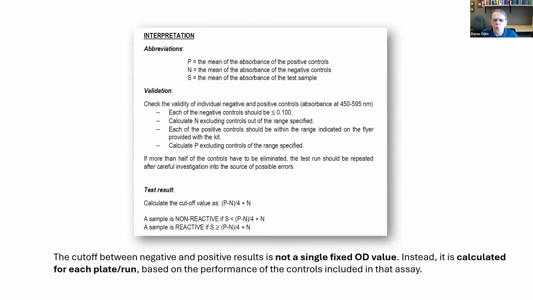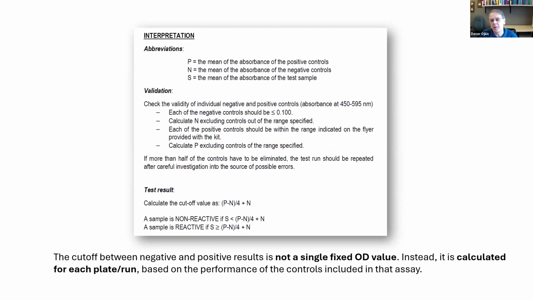One thing that's a bit confusing, and somewhat complicates the way you can present things, is that the ELITest uses a floating OD value as a cutoff to determine whether the sample is positive or negative.